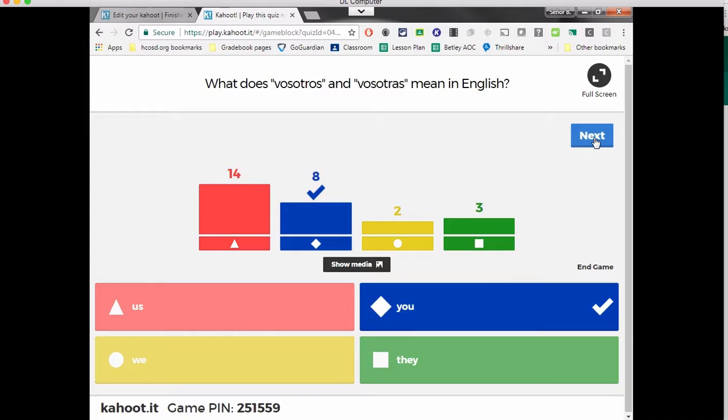Do not be the class that gets tricked up by this. Vosotros, vosotras mean you, like you all. It's not nosotros. They sound the same, so it's not we. It's not us. It's not they. It is you. Okay?